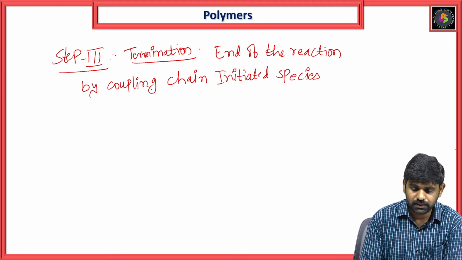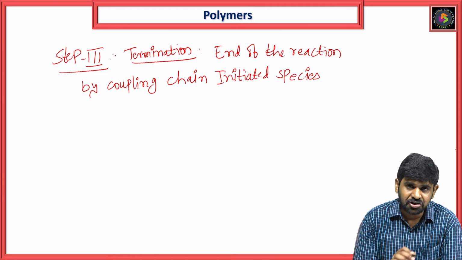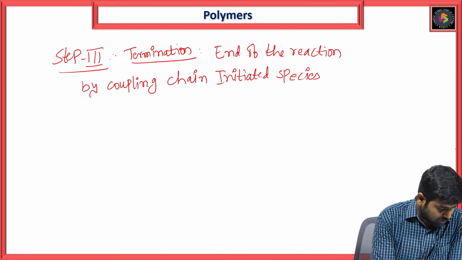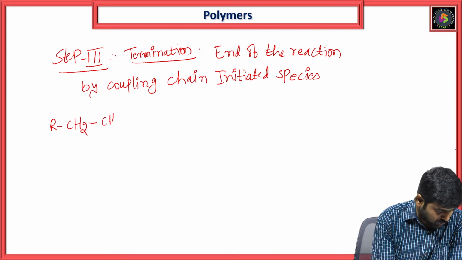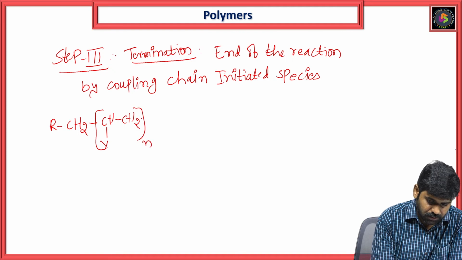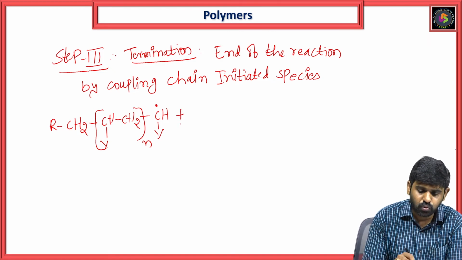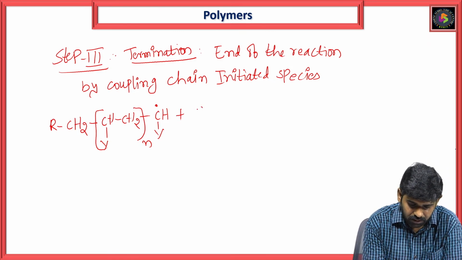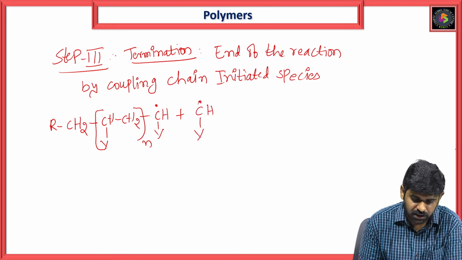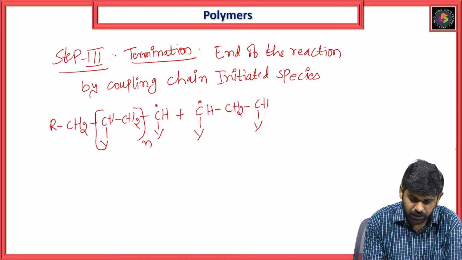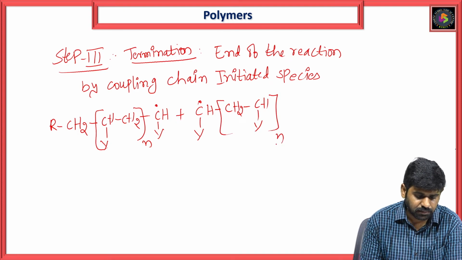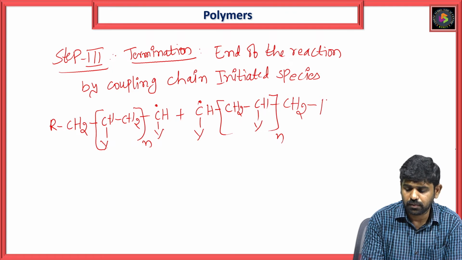Right. That is, here I am taking 2 chain initiated species, that is RCH2CHY CH2 N times CH dot Y, plus by coupling 2 chain initiated species, again same CH dot, one more chain initiated species, that is CHY CH2CHY N times CH2R, right?